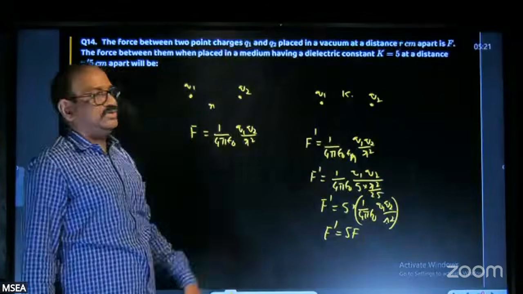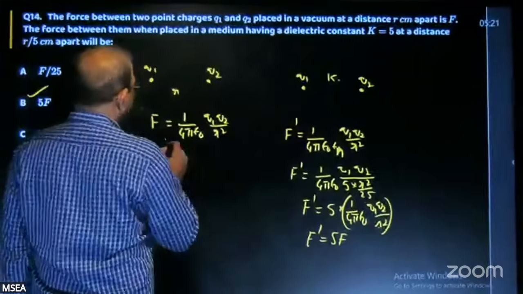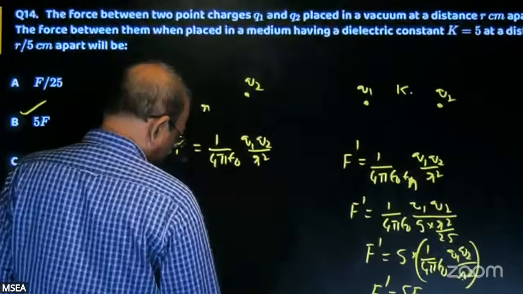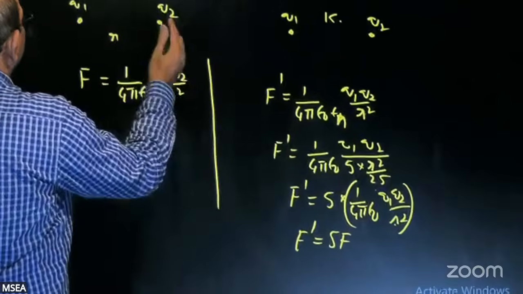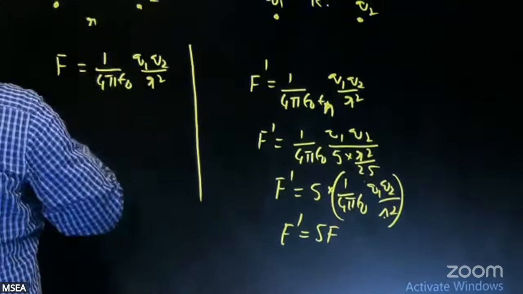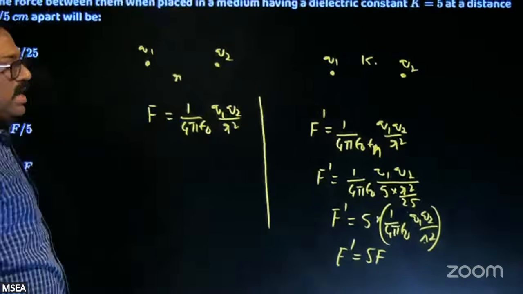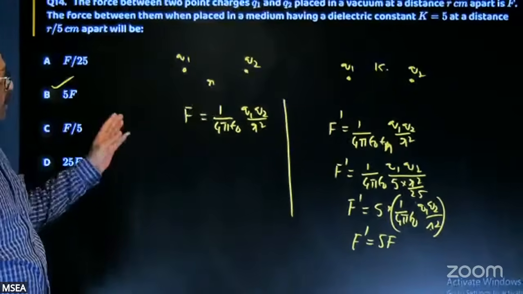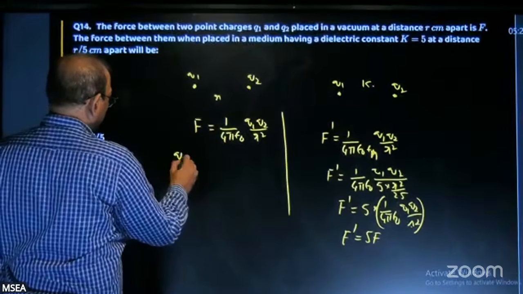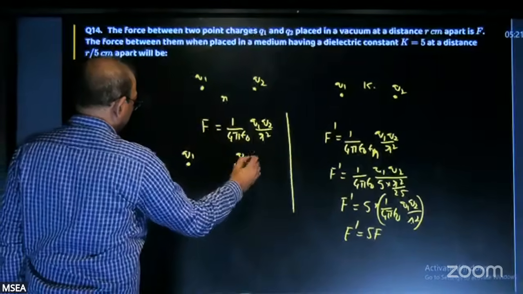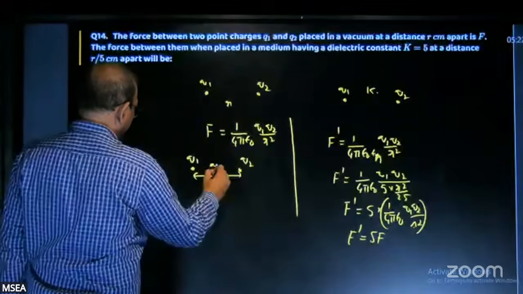So this is based on Coulomb's law. Now in this Coulomb's law, one more point I want to discuss here. When two charges are in air or vacuum, suppose two charges are separated by some r naught distance in air or vacuum.